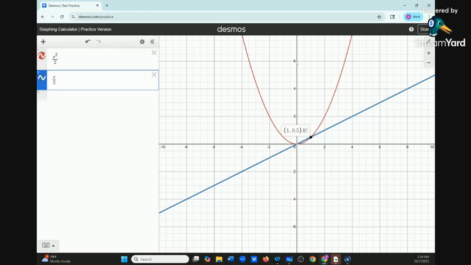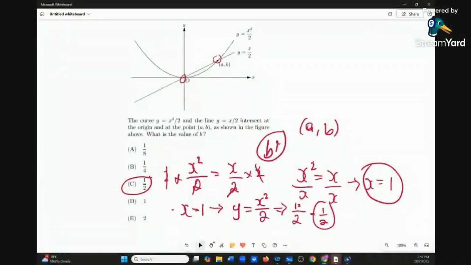And so if we go back to the question that we had initially, pull that up, right? So if we go back there, what do we see? It was C. It was the same thing that we got, right?